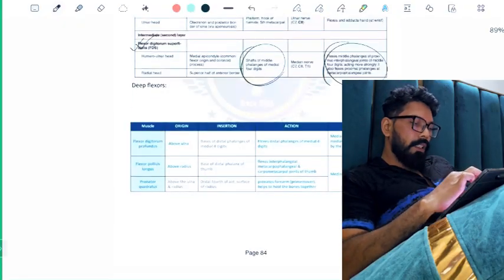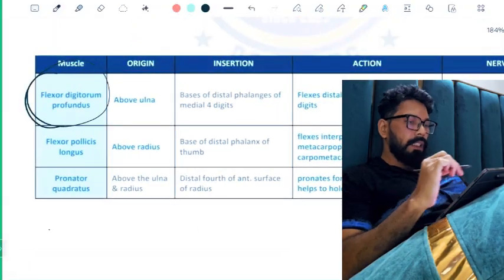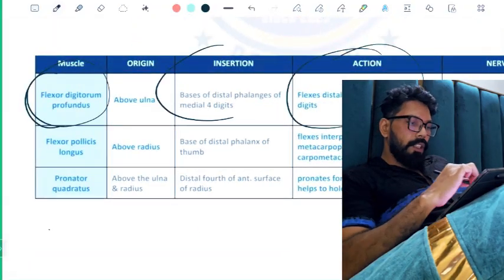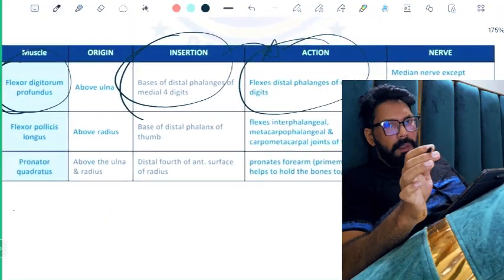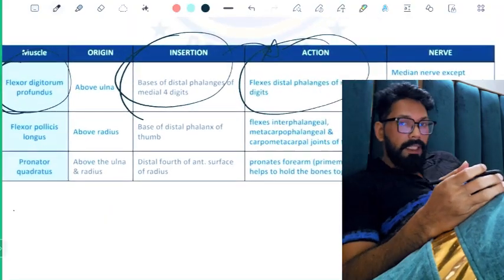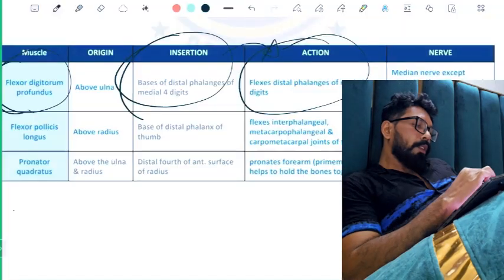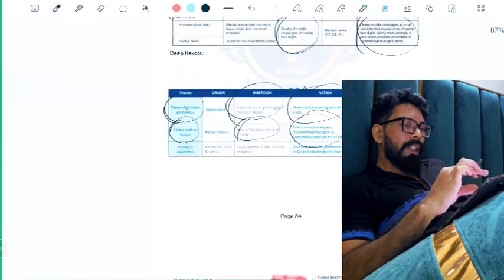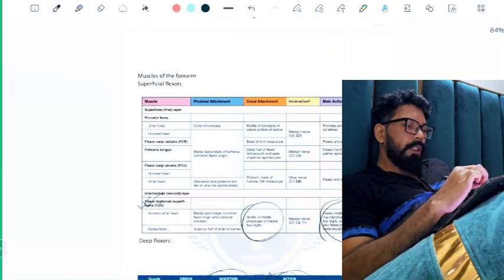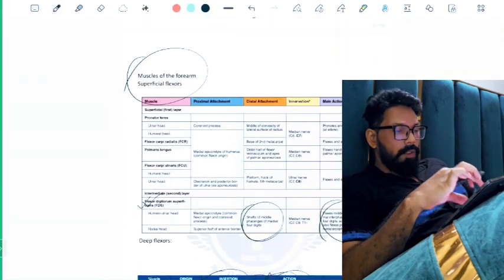Only this one. And flexor digitorum profundus, where it's inserted and its action. Of course, median nerve we will talk about during our separate nerve sections. Flexor pollicis longus, insertion, and action. Only these three from muscles of the forearm flexor.